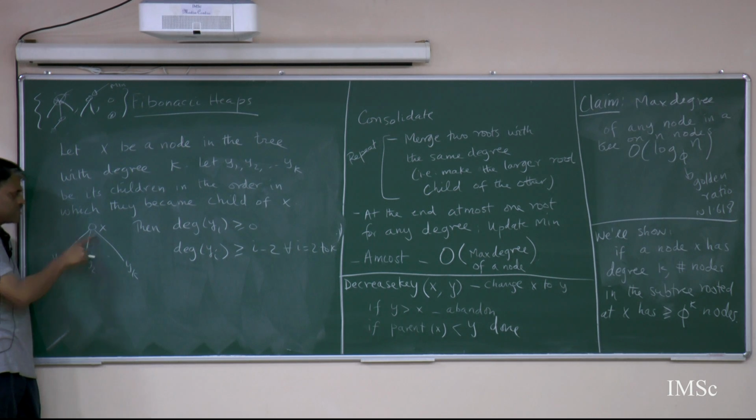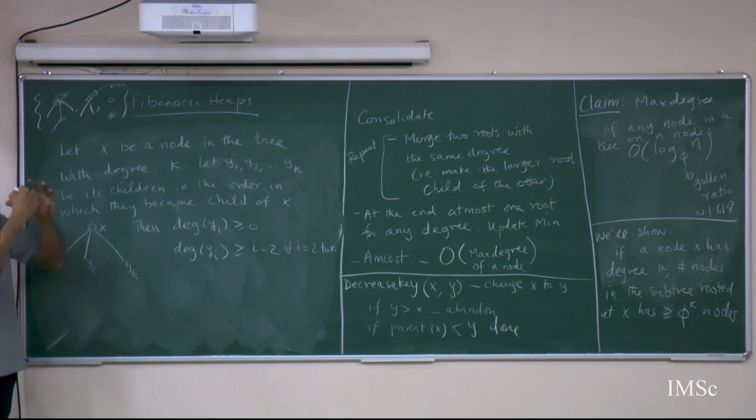It became a child of X. How did it become a child of X? Which operation made this a child of X? Just think about the operations we are doing: insert, decrease key, delete min, consolidate. Delete min. That is the only operation which makes something a child of another node.